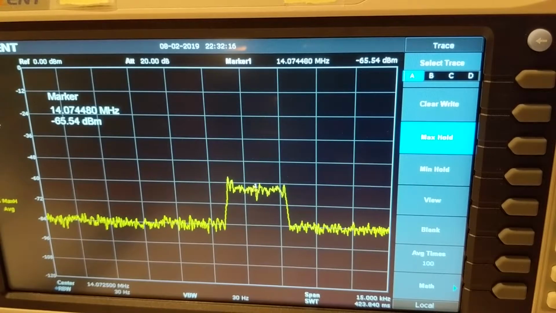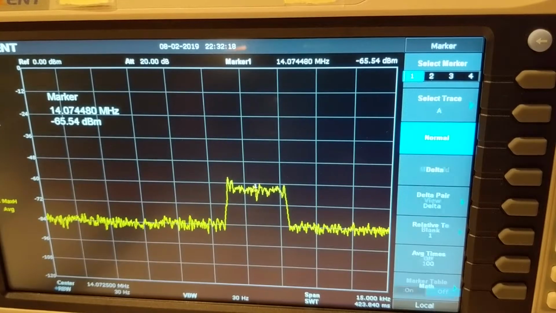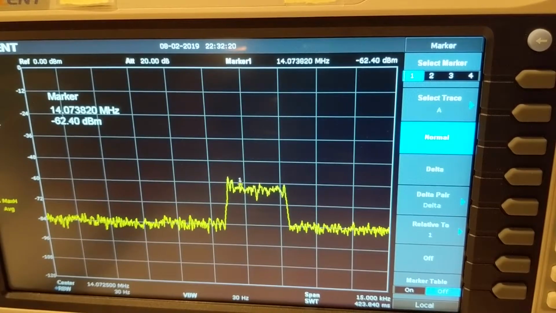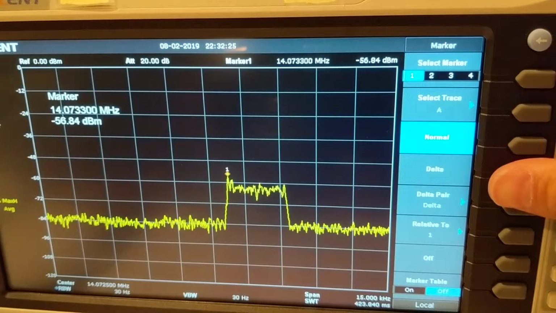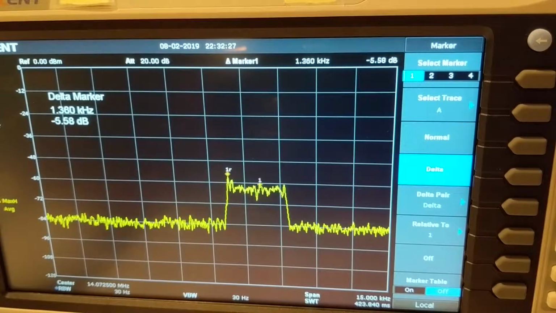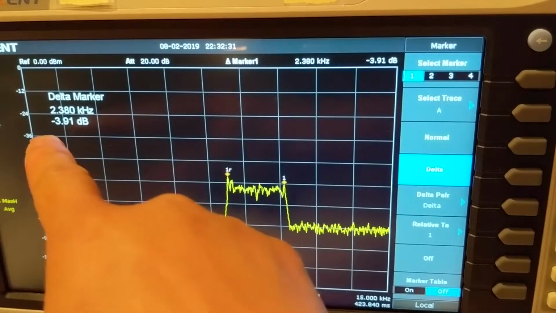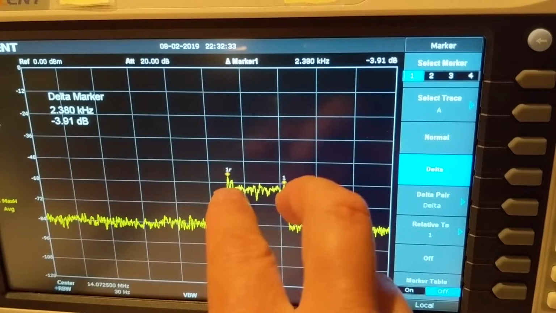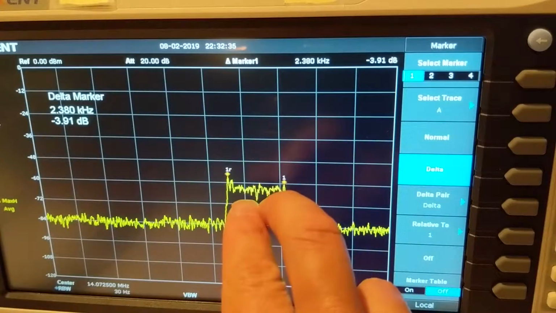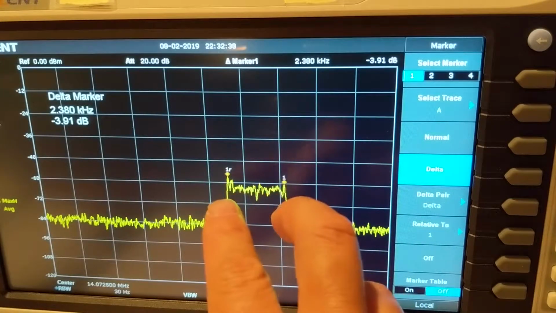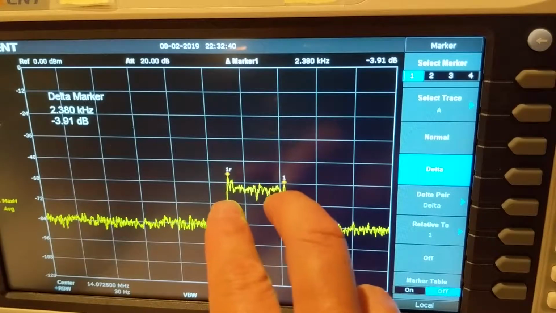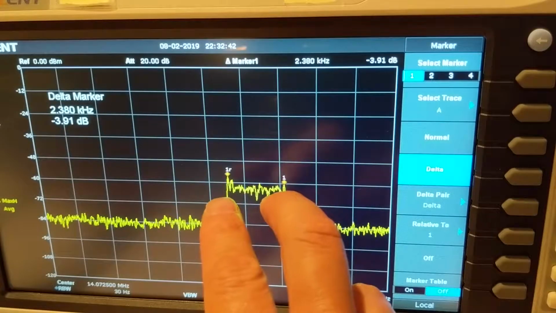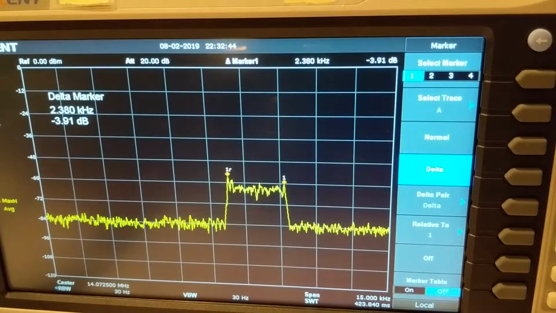Okay, let's see. What's the bandwidth of this signal? I expect it's 2.4 also. 2.4, almost 2.4. So basically, even though only 50 hertz is used, the entire sound card generates a 2.4 kilohertz signal.